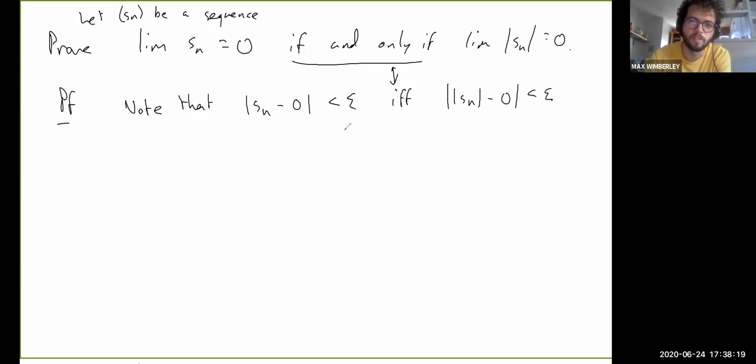Because these two are actually just equal, right? This is just |Sn| and this is just Sn. So basically, one of them is within epsilon away from 0 if and only if the other sequence is within epsilon away from 0.